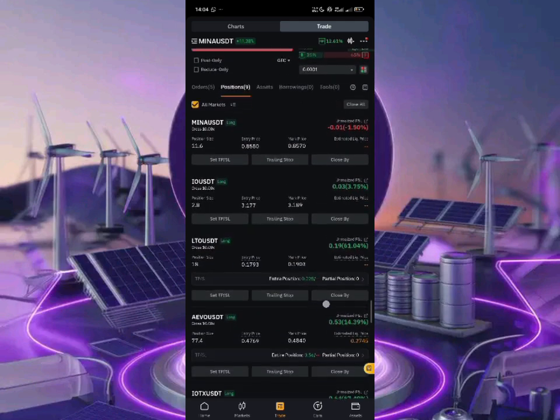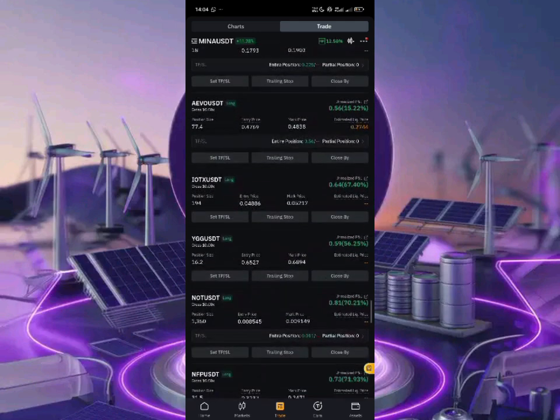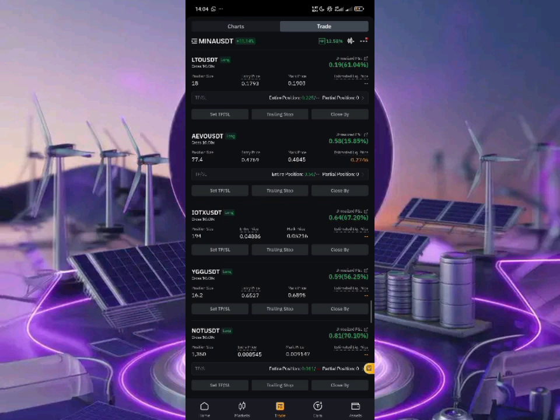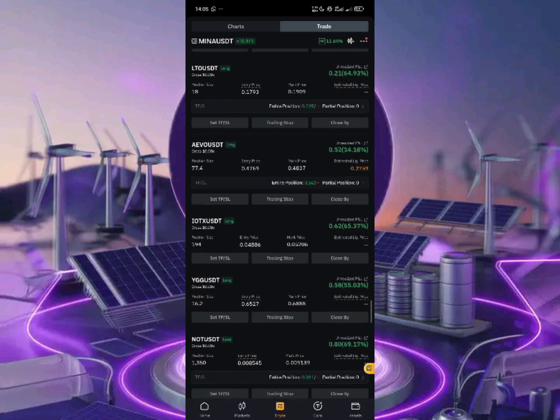Now if you look at Notcoin, that I entered the trade, I am holding a position size of 1350 with times 10x. Now it means I'm holding 1,350 pieces of NOT coin.